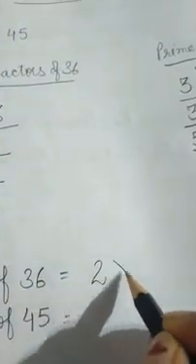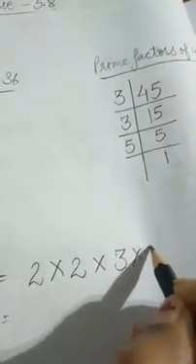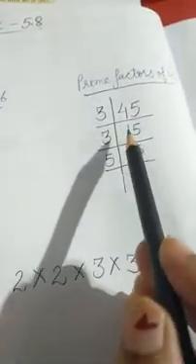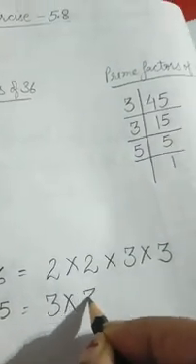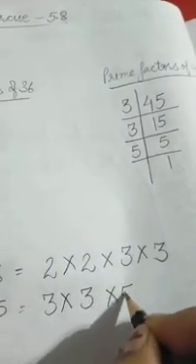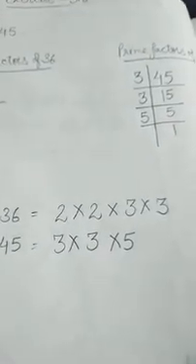We will write like this: 2 multiply 2 multiply 3 multiply 3. And 45's factors are 3 multiply 3 multiply 5. From here we will find out the HCF.